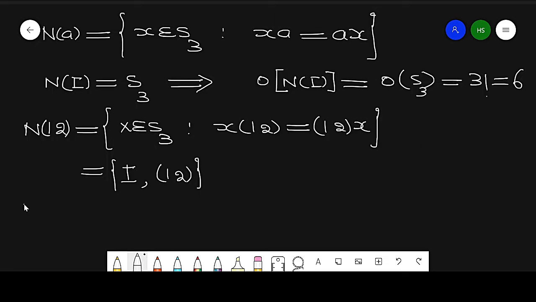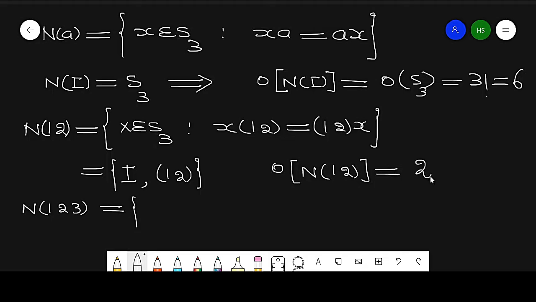Now the third is the normalizer of (1 2 3). First find the order of the normalizer of (1 2), which is only 2.